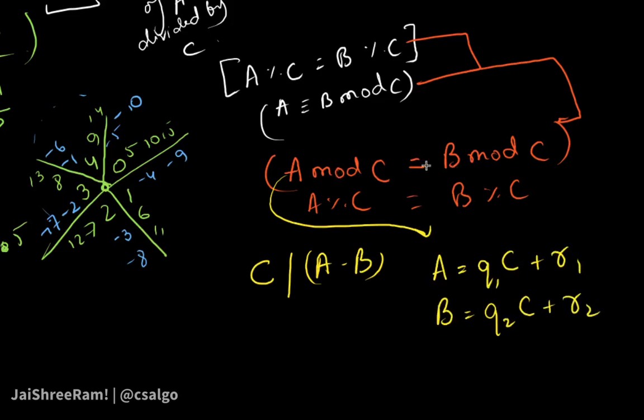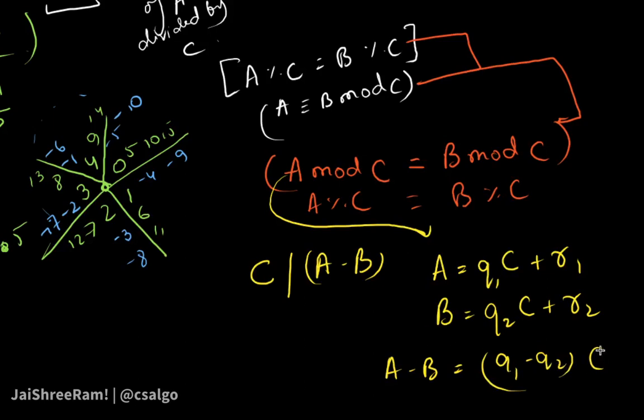And now since they are congruent, the remainders are the same. So now if you find A minus B, that is nothing but Q1 minus Q2 times C, and R1 and R2 are the same because of this property of modulo. So that part gets cancelled out.